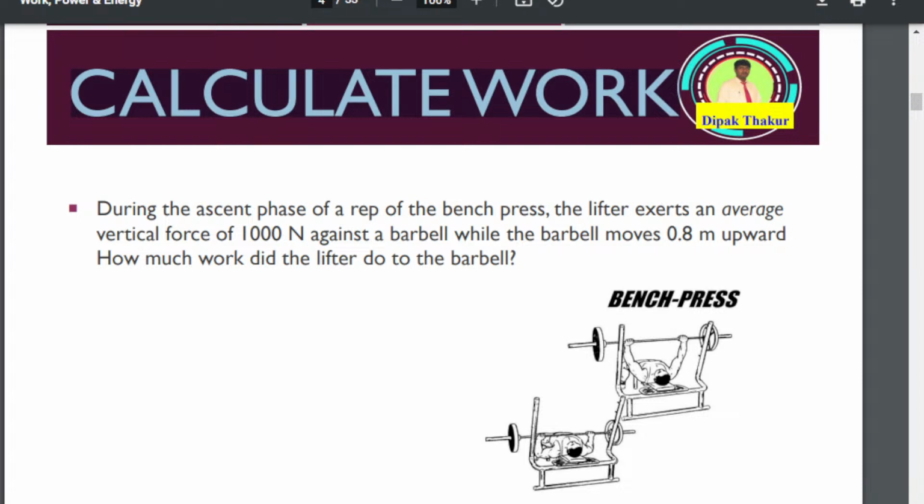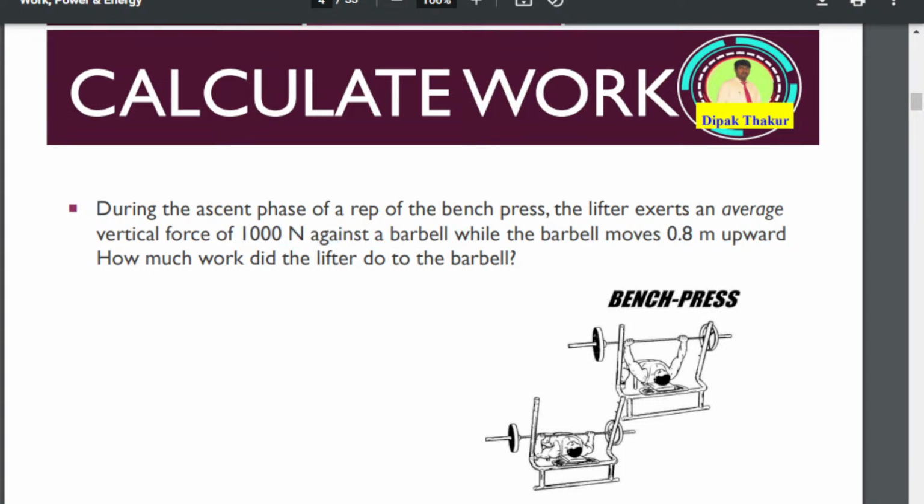Now calculate the work during the ascent phase of a lift of the bench press. When the man is pushing the bench press, the lifter exerts an average vertical force of about 1000 Newton against the barbell, while the barbell moves 0.8 meter upward.